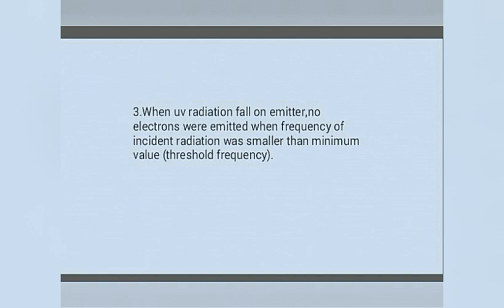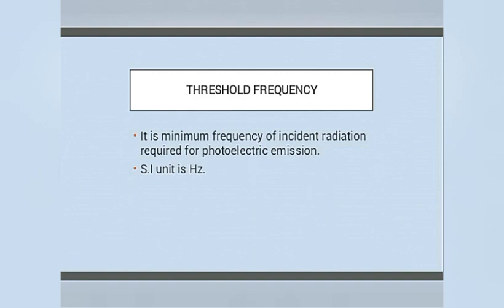Hence, for emission of an electron, the frequency of radiation must be greater than the threshold frequency. These three are the observations of photoelectric effect made by Helmholtz and Lenard.